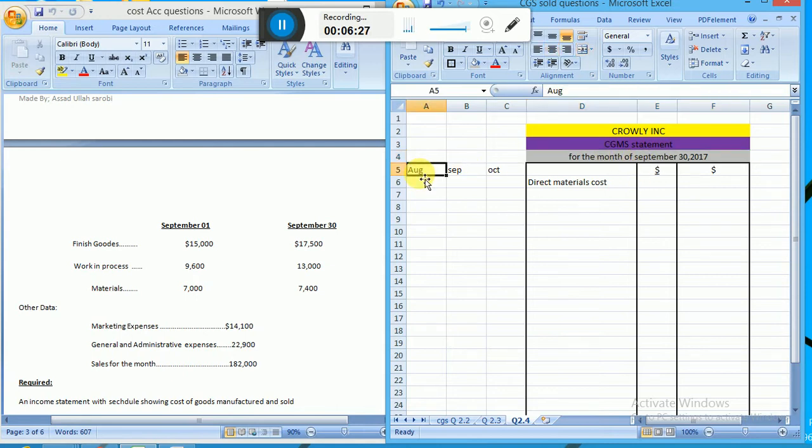So August is our previous month, September is our current month, and October is the upcoming month. When we make the September cost of goods manufactured statement, in the direct material portion we will check whether we have some direct material remaining from the previous month or not.